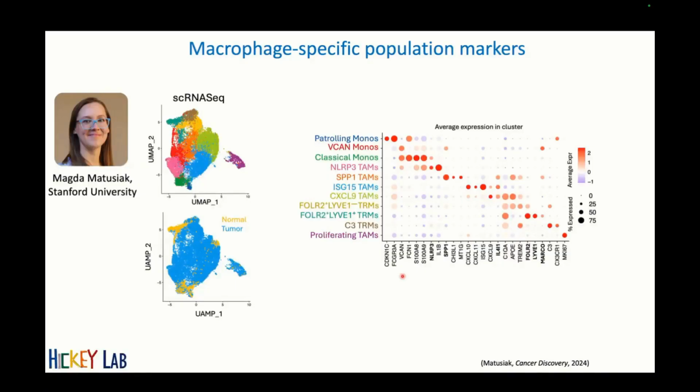So I mentioned this, our macrophage-specific areas in the human intestine. And Magda, who is an amazing scientist at Stanford and will probably have her own lab soon, and whatever place gets her will be very lucky.